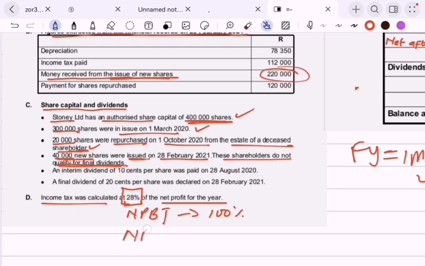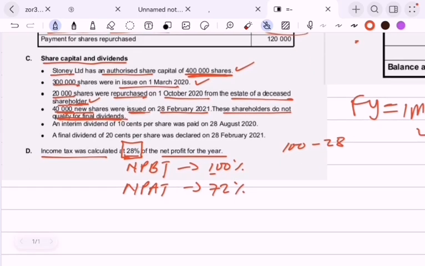And the net profit after tax is what we get after we deduct the 28% from the 100%. So you have 100% minus 28%, then automatically you will get your 72%. And then of course your income tax is going to be 28%. So amongst the three, which are we looking for?